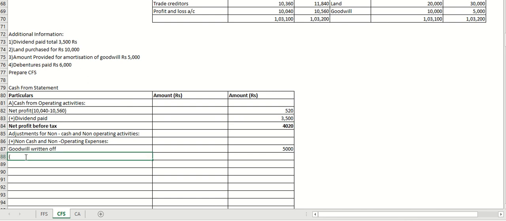Now nothing else is given in the question regarding any other non-cash or non-operating expenses.